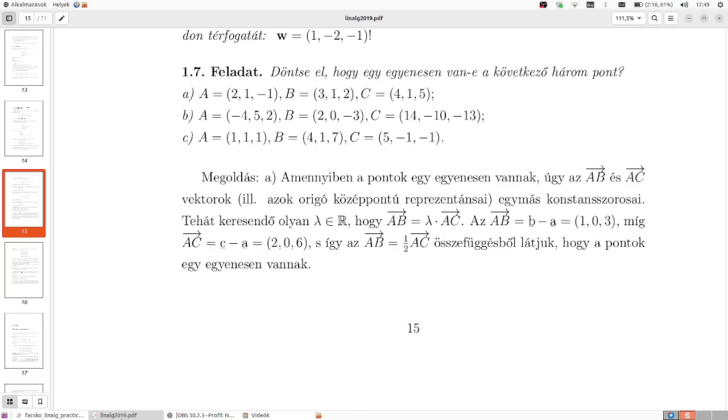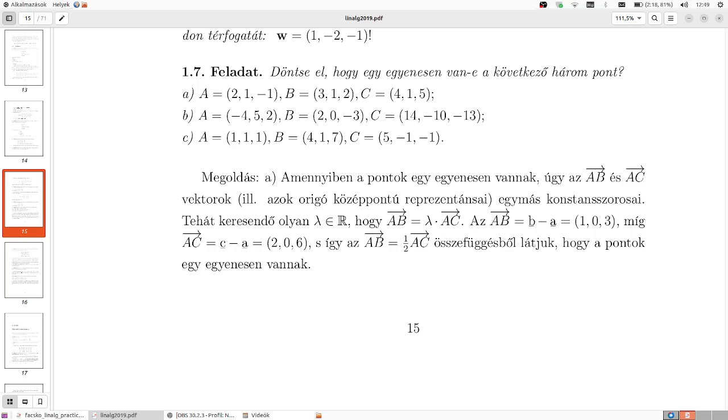So you have the points. The points, the end of these, are the end of the coordinate system. So you can consider these vectors. So how can you decide whether the 3 points are in one line?